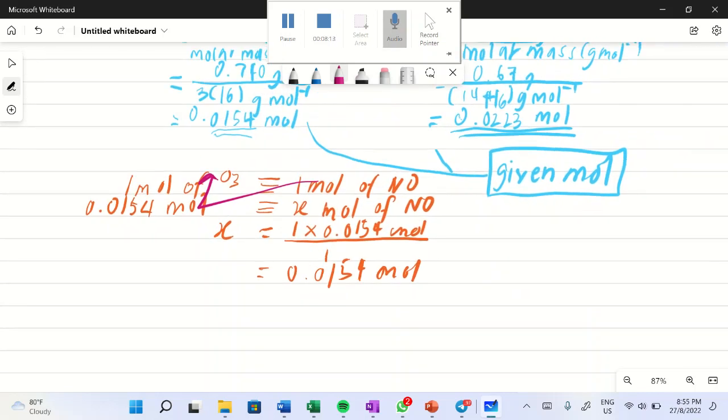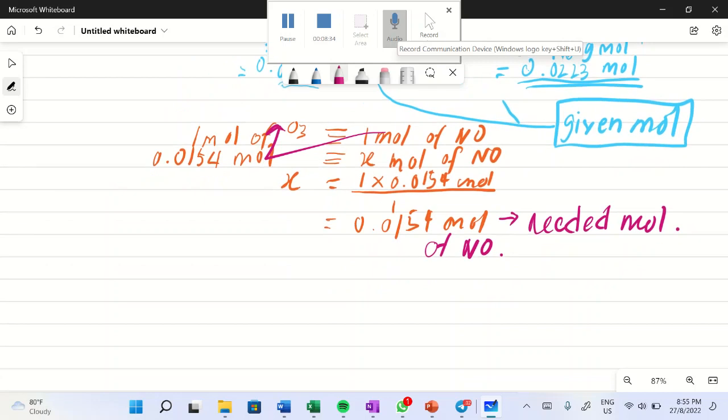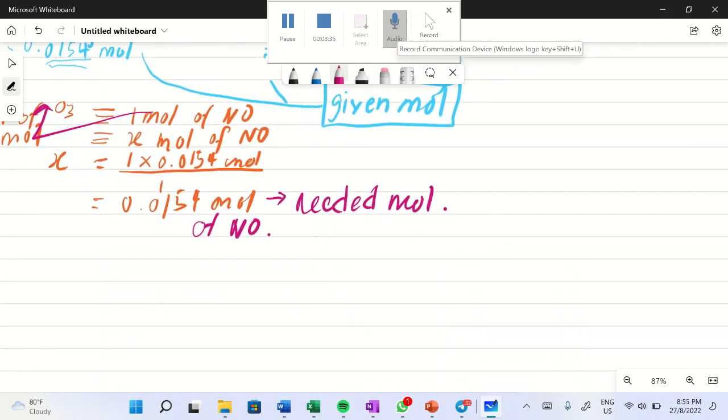So this is the needed mole. You will need 0.0154 mole of NO. So here are the tips.